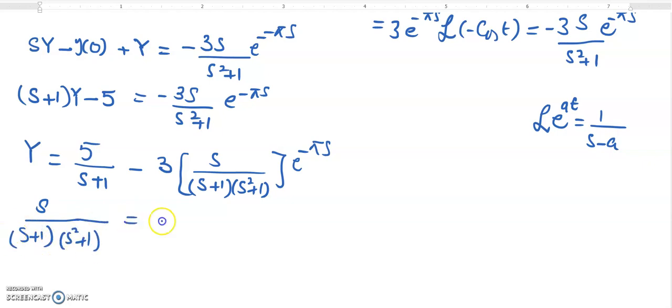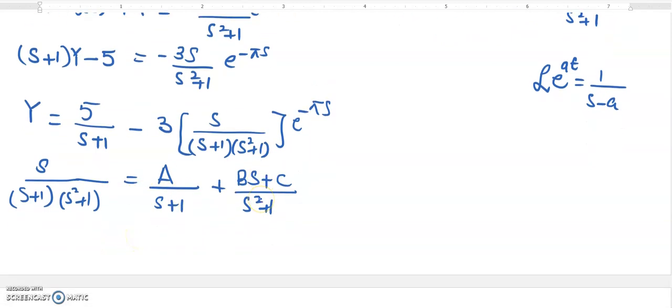We can take the partial fractions, and for this type of format we assume A over s plus 1, and since s square plus 1 cannot be factorized, we need to take a term of the type Bs plus C over s square plus 1. So there will be 3 unknowns over here.